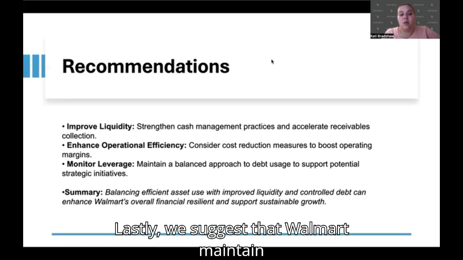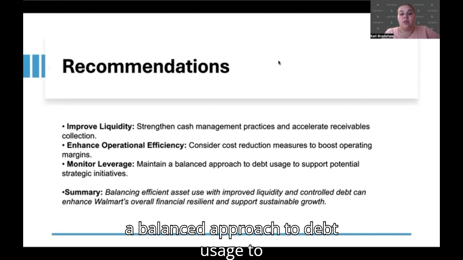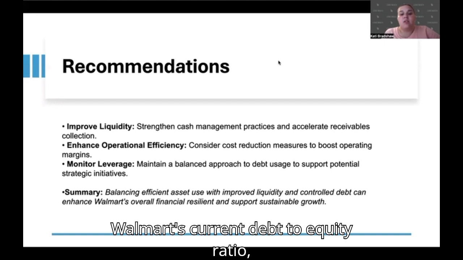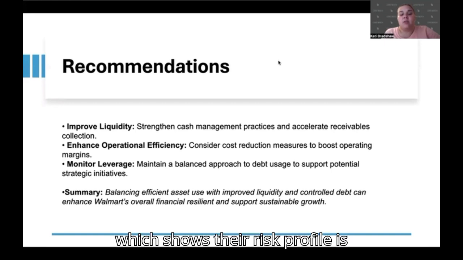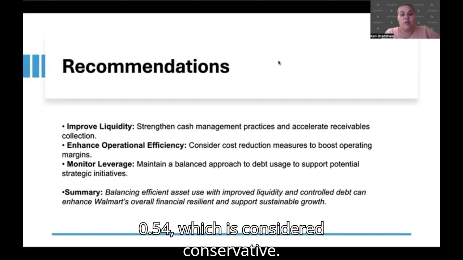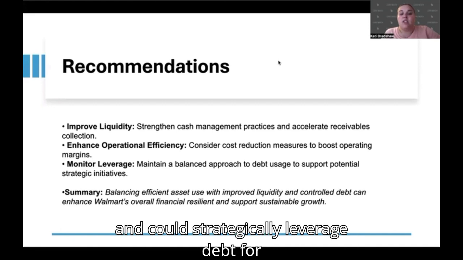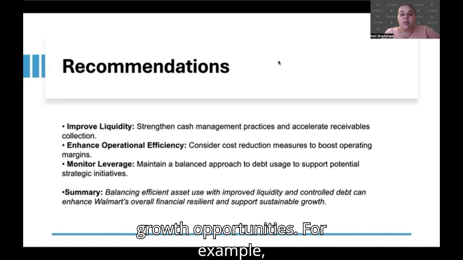Lastly, we suggest that Walmart maintain a balanced approach to debt usage to support potential strategic initiatives. Walmart's current debt-to-equity ratio, which shows their risk profile, is 0.54, which is considered conservative. The company is not overly reliant on debt and could strategically leverage debt for growth opportunities.